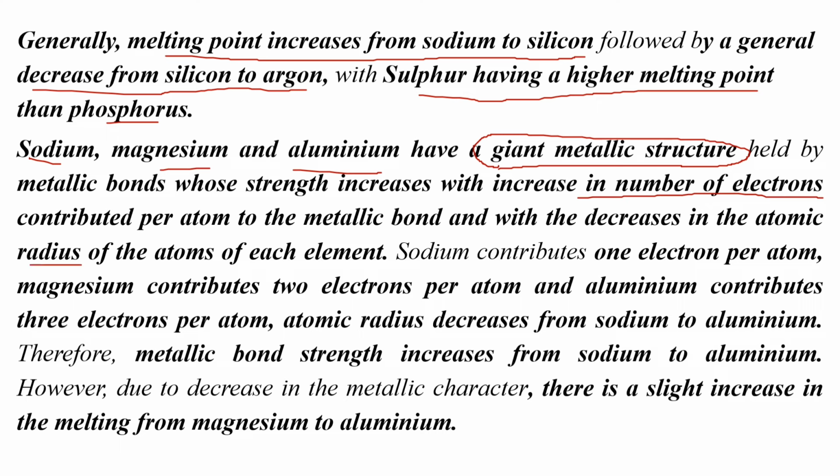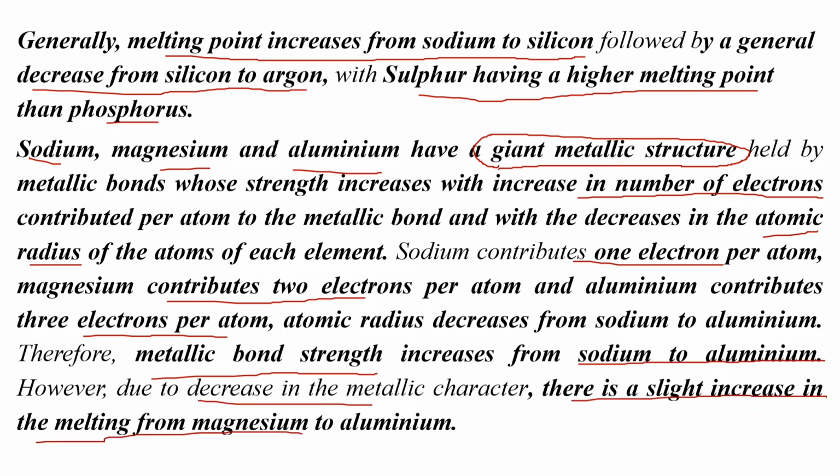So sodium contributes 1 electron, magnesium contributes 2, aluminium contributes 3. So the metallic bond strength increases from sodium to aluminium, but there is this slight increase here due to the decrease in the metallic character there.